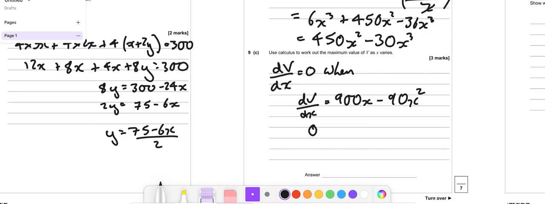That is maximum when 0 is 900x minus 90x squared. Well, it's not when x is 0, so let's divide by 90 and x. So we get 0 equals 10 minus x. So x equals 10.